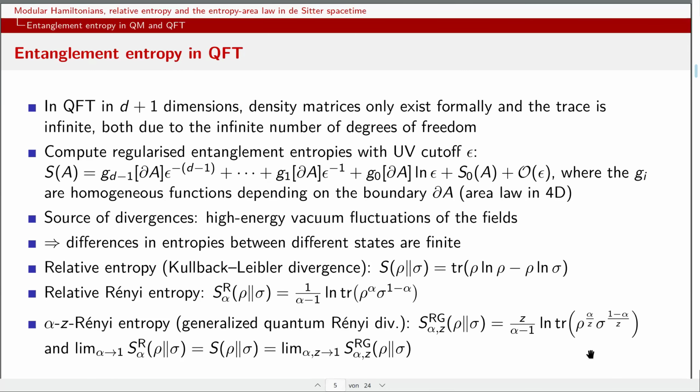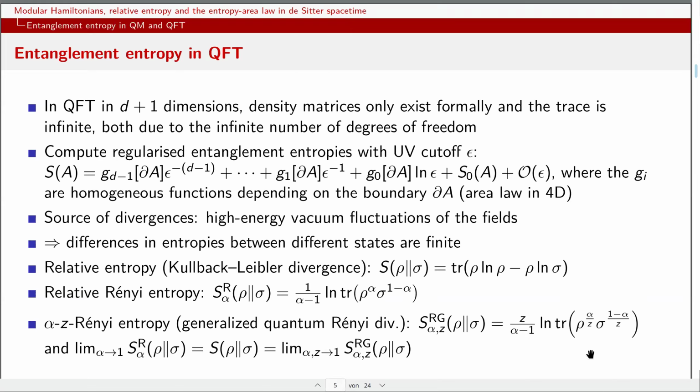Now, if you go to QFT, let's say in D+1 dimensions, then we have the problem that density matrices are a more formal object, and the trace, if you actually want to compute it, is infinite. And both things are due to the infinite number of degrees of freedom that exist in the QFT as compared to quantum mechanics. So what people usually do is, of course, as we all know, one can regularize.